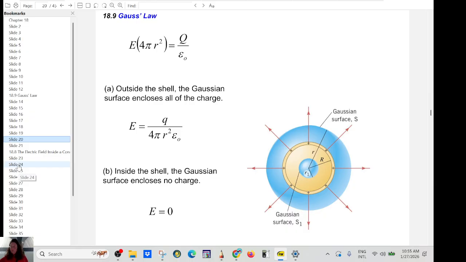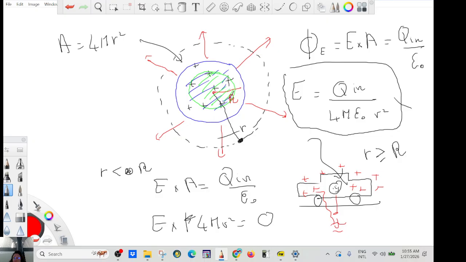So to go back and finish, now we'll open here. For this one, if you do a graph of electric field versus distance, inside the conductor, inside the Van de Graaff generator, the electric field is going to be 0.